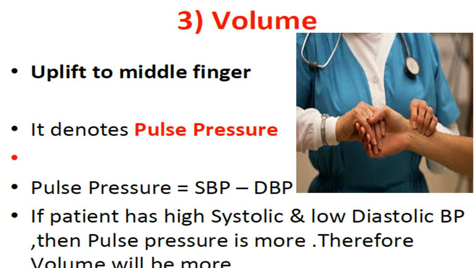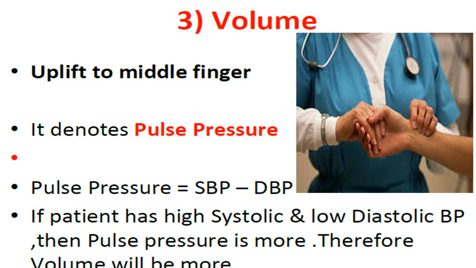If lift is more, volume is more. If lift is less, volume is less. Then how can you compare? You will have to compare roughly with your own volume, or you will have to judge what the amount of volume is.